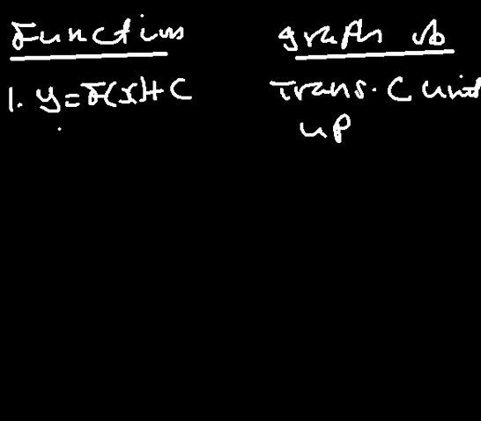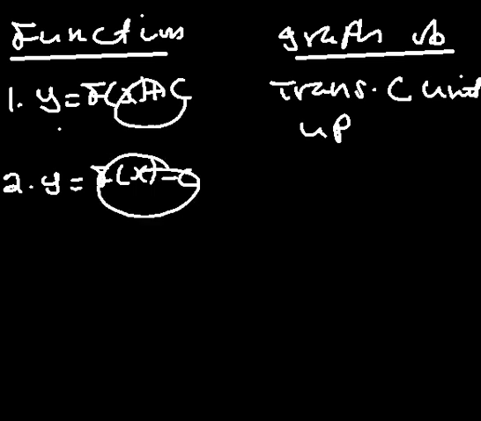And what if we have another case? What if you have y is equal to f of x minus c? This is the opposite of the previous one. Since c is negative, the graph has to be translated c units downwards.